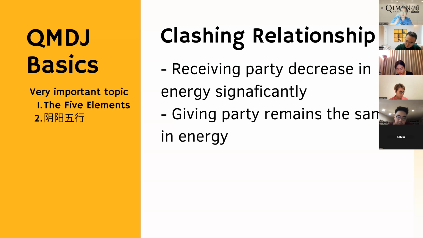But in the eyes of the boss, he's just normal, isn't it? It's just one of the things he does. So does he lose energy? Not really, unless he spends the whole day talking to you and scolding you, then that's a different story. So there are two things we need to understand, the clashing and the producing part. How do we apply it later on? We'll give some examples.